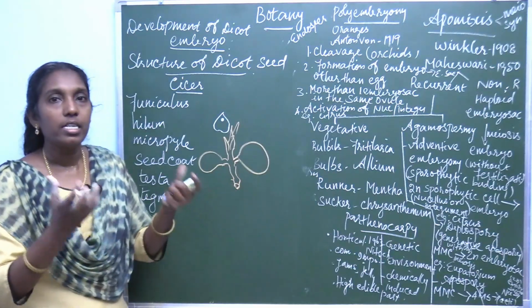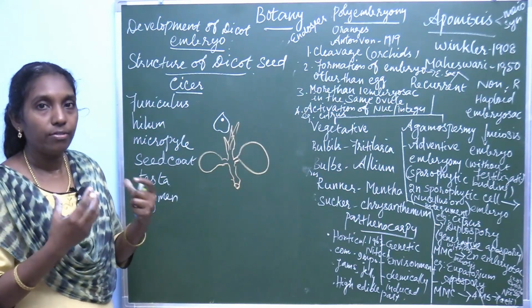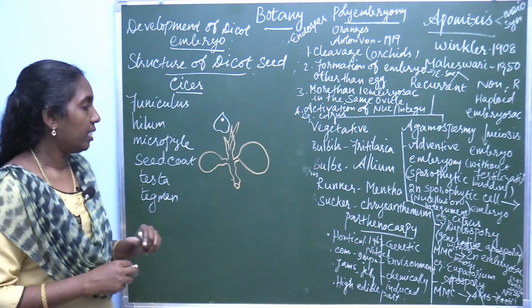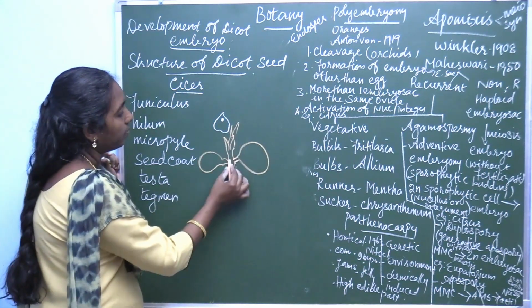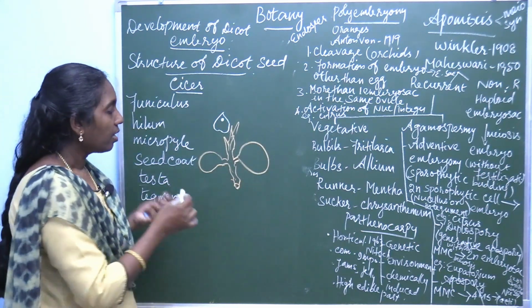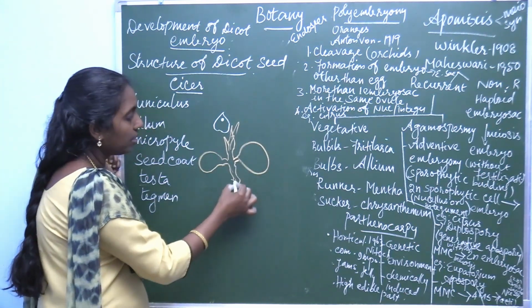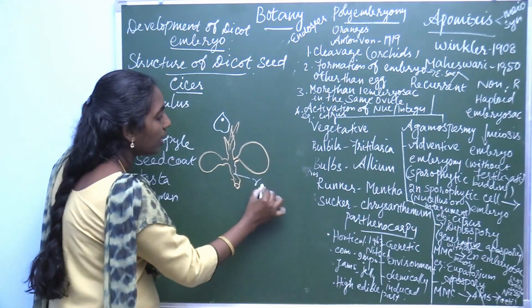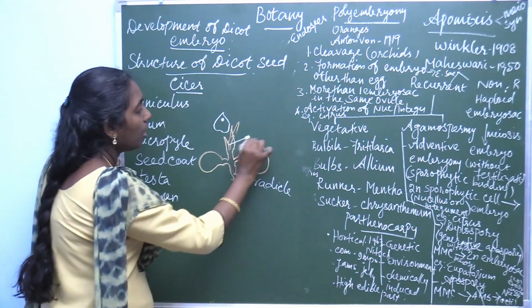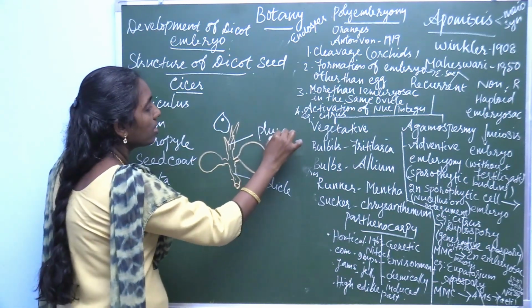These two cotyledons store the food materials, reserve food. Just behind this part of the embryonal axis, it develops the radicle, and the region above this produces plumule.